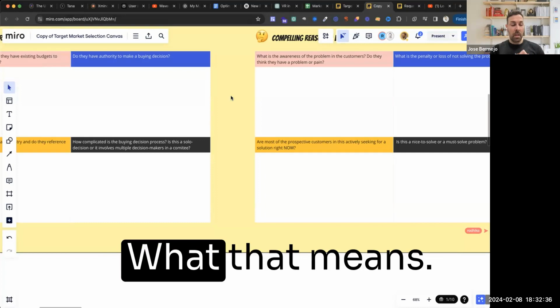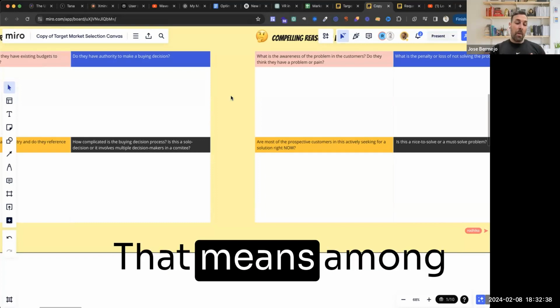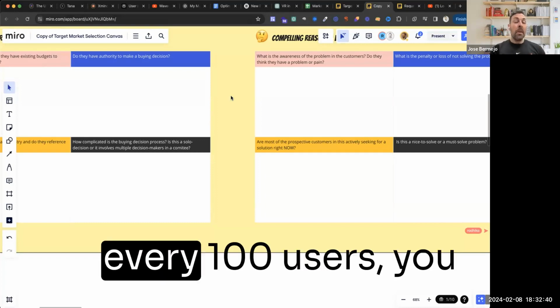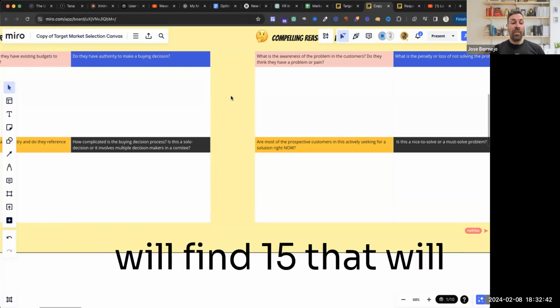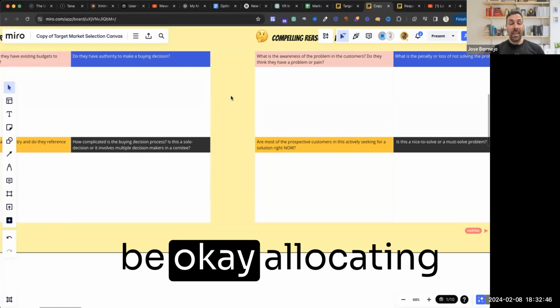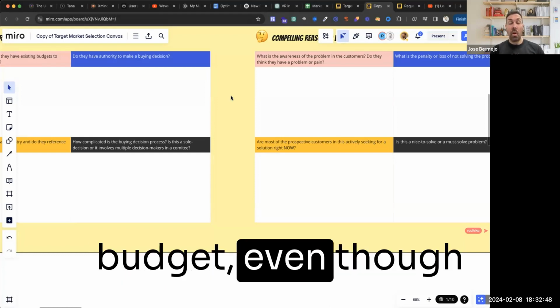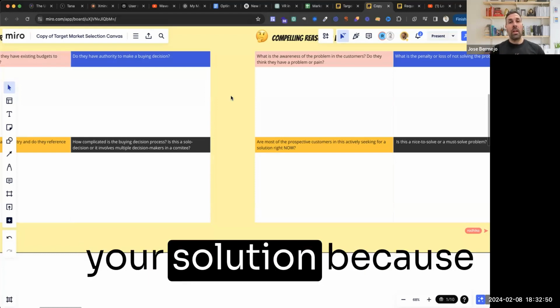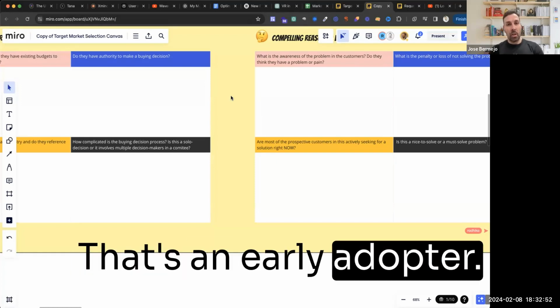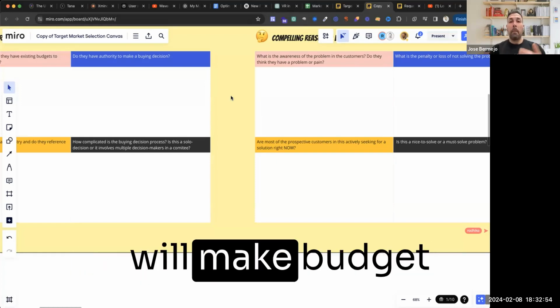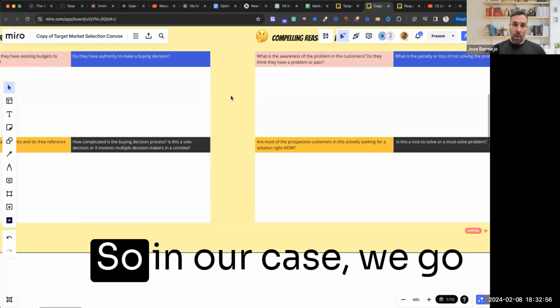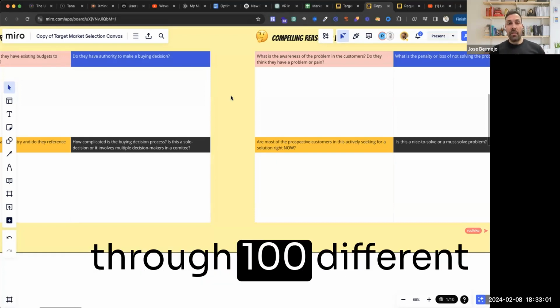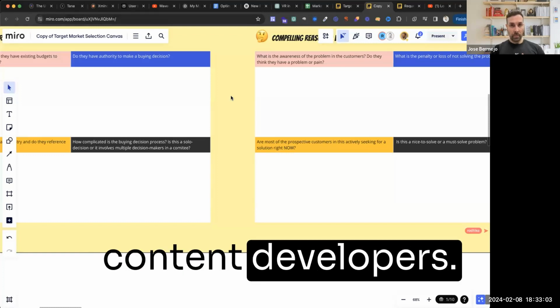What that means is that among every 100 users, you will find 15 that will be okay allocating budget, even though they didn't know about your solution, because they want it badly. That's an early adopter. An early adopter will make budget for your solution. So in our case, we go through 100 different condo developers.